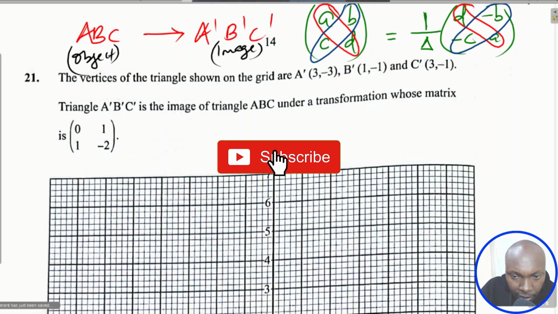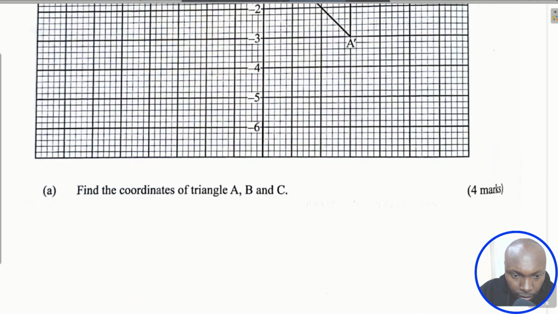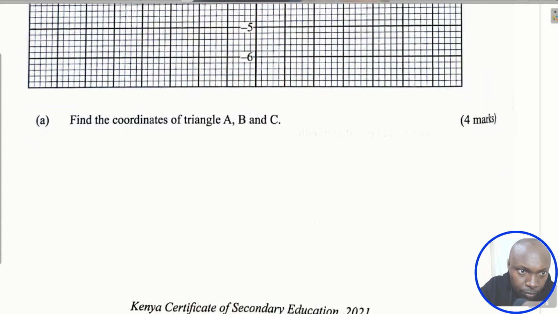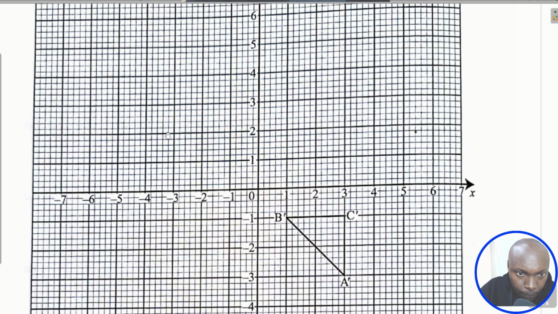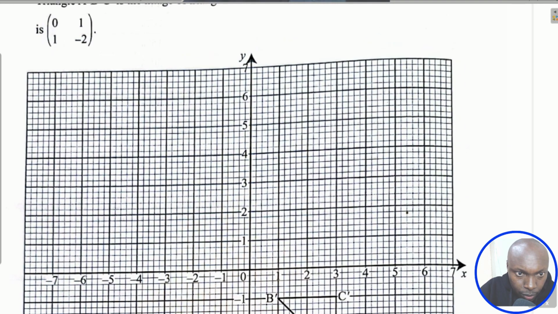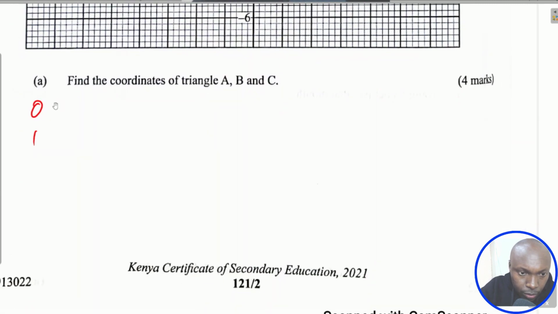So given this matrix, (0 1; 1 -2), this is what you're supposed to do. To get the inverse of this matrix, first we get the determinant.